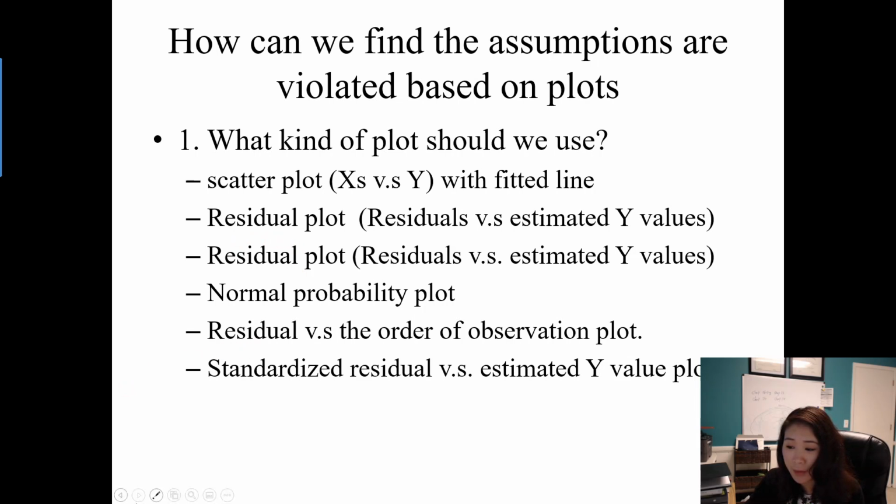Here, I want you to remind yourself that for both assumption 2 and assumption 3, you are using a residual plot. But those 2 charts you have to develop by yourself. Don't directly develop the chart from Excel.